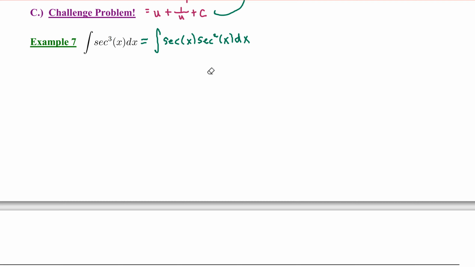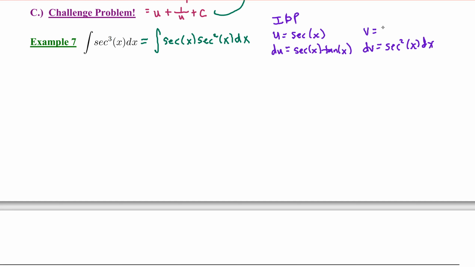We're actually going to execute this using integration by parts. That is, we're going to let u equal secant of x because it has an easily recognizable derivative, right? Secant of x times tangent of x. And then we'll let dv be secant squared of x dx because it has an easily recognizable antiderivative.